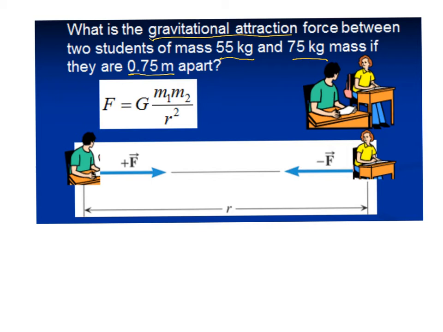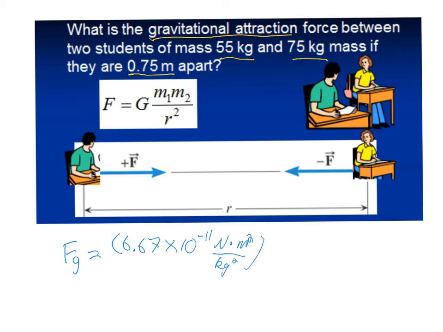So to solve this example problem, what we need to do is calculate the gravitational force. So the gravitational force is going to be equal to G, the gravitational constant, so 6.67 multiplied by 10 to the negative 11th power newtons times meters squared divided by kilograms squared.